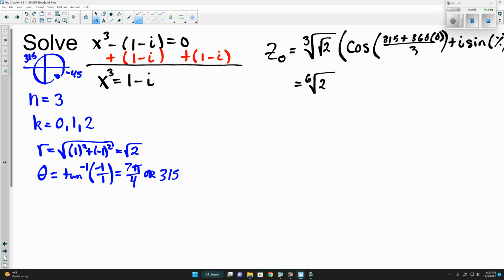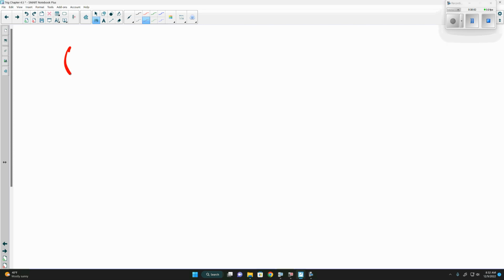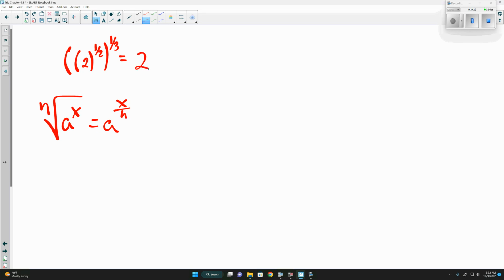Now the cubed root of the square root of 2 is going to end up being the sixth root of 2. This is going back to the nth root of a to the x is equal to a to the x over n. So the cubed root would be rewritten as the 1/3 power, and square root is 1/2. Powers and powers multiply, so 1/2 times 1/3 is 1/6, which is just telling us that we have the sixth root of 2.